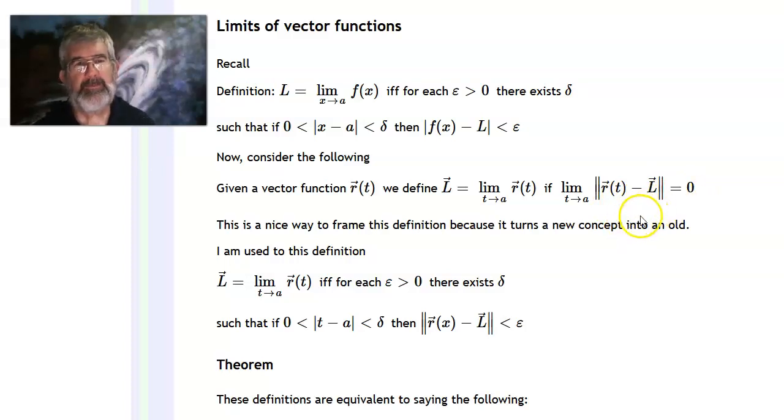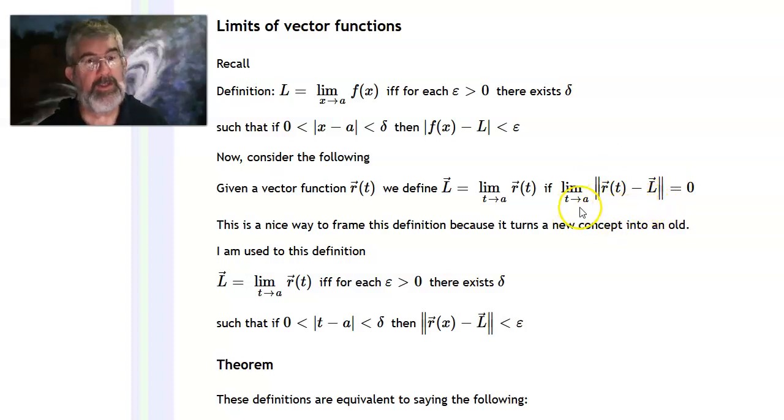Now, this is actually a reasonably nice way of doing it. I don't know if I've seen another book do it this way, but the book we're using does. And what it does is it turns a new concept into an old one, because although it has vectors in it, this is just a real valued function of t.